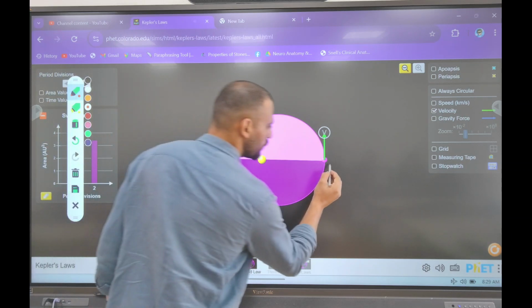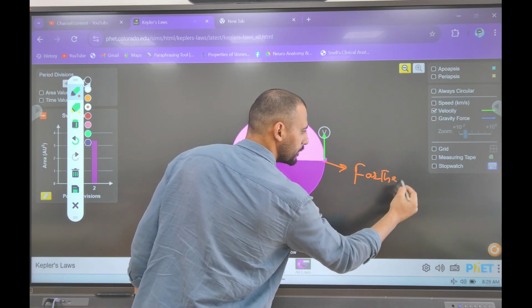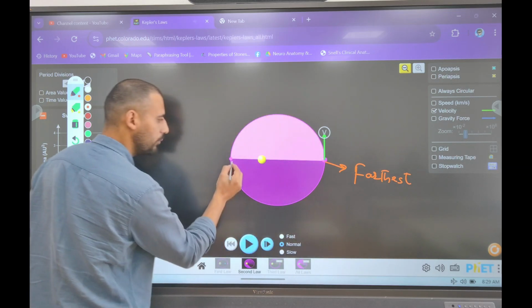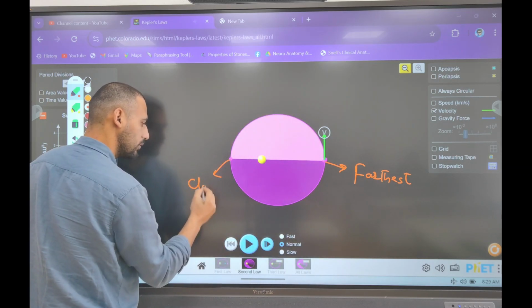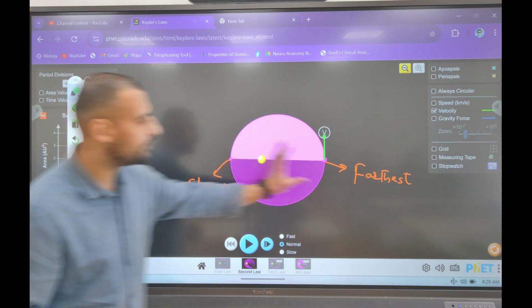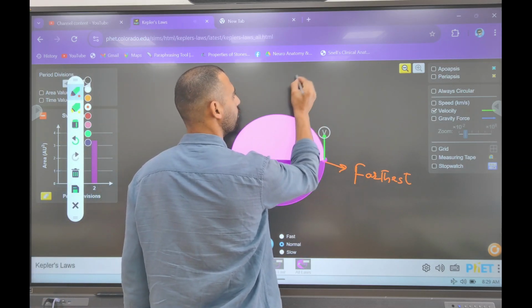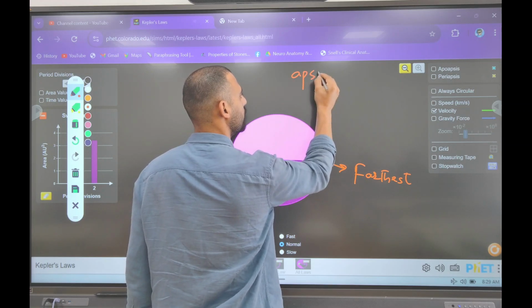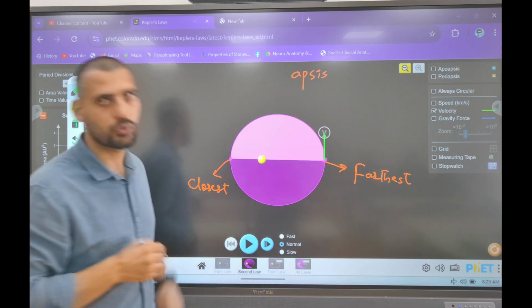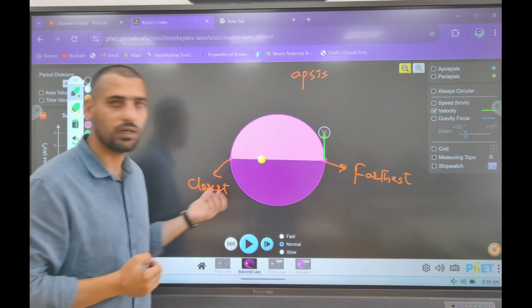And at one point, it is the closest to the sun, isn't it? Now these points, either the farthest or the closest, both of them together are called apses. But then there are two types of apses, either the farthest or the closest.